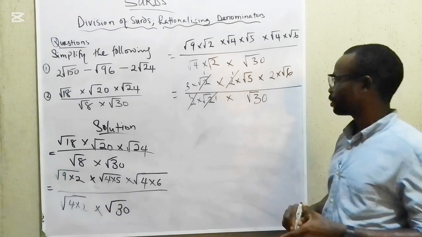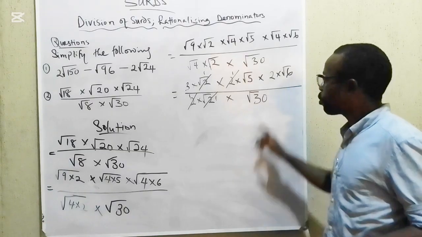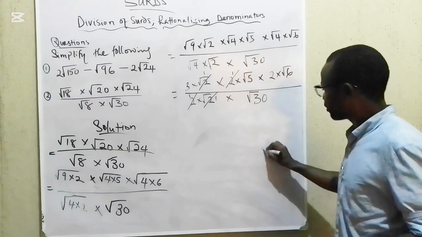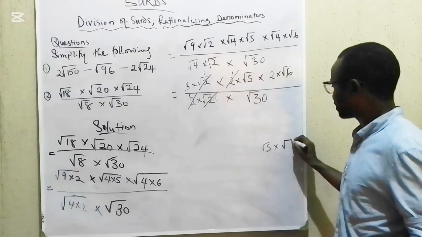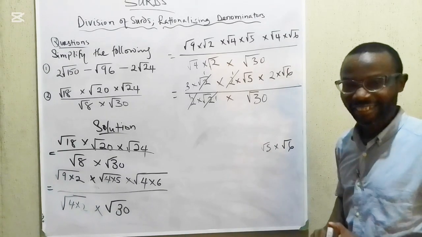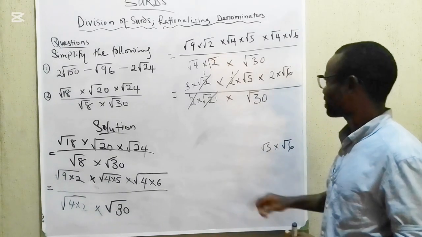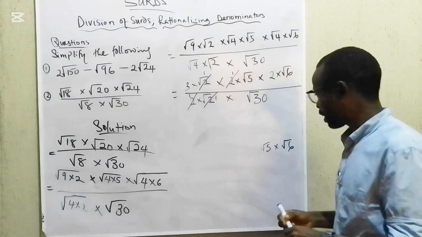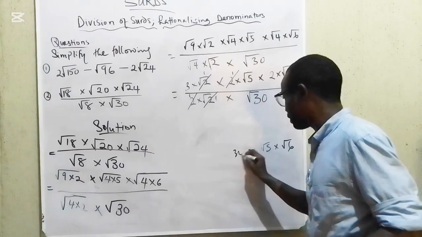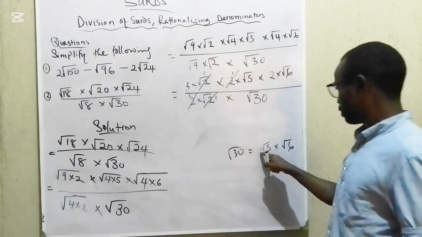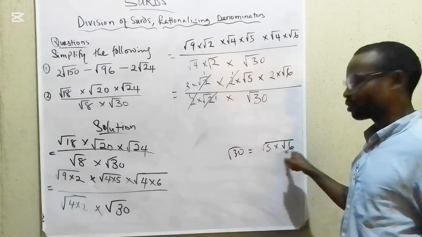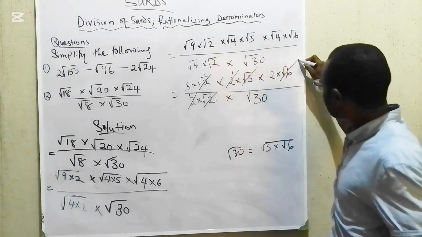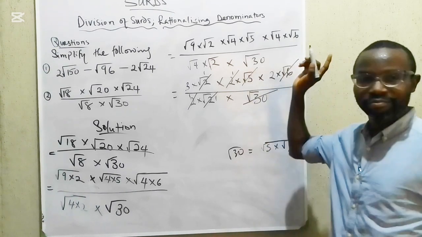Now what is 30? 30 is root 5 times root 6. I've just seen it. I never saw it before. I'm just saying it. 30 is the same thing as 5 times 6. Now, before I erased it, I had, what is 30? 30 is the same thing as 5 times 6. So that means if I take this and this, it will take this one off.